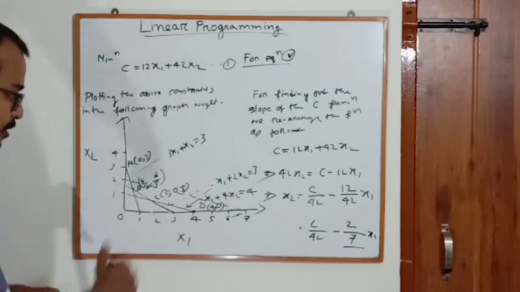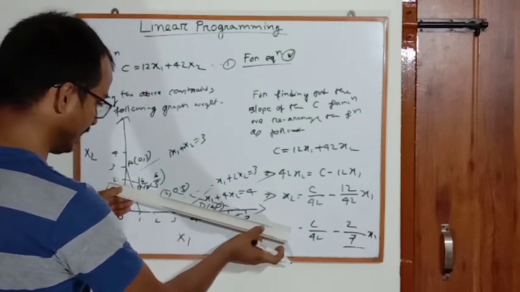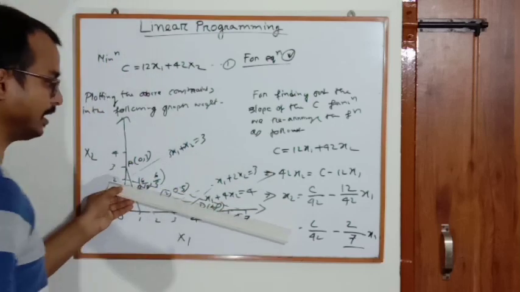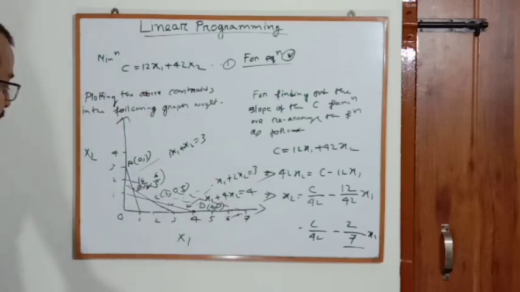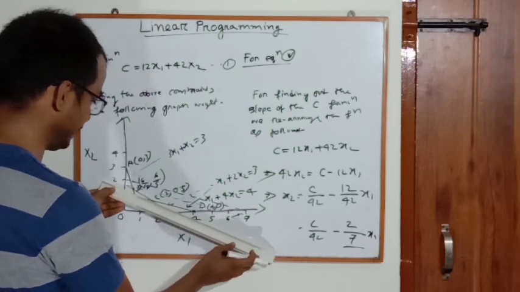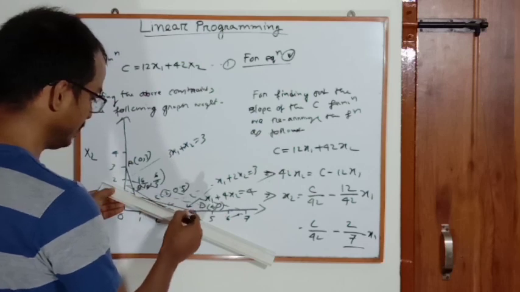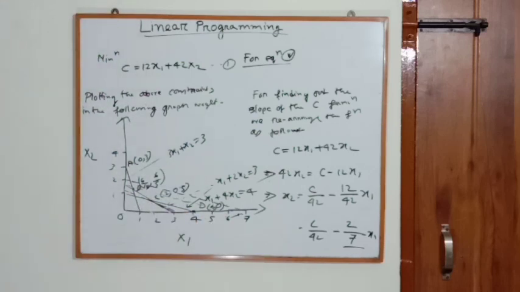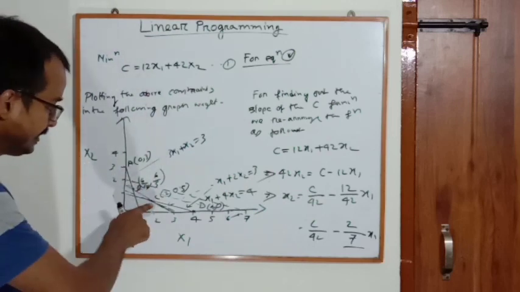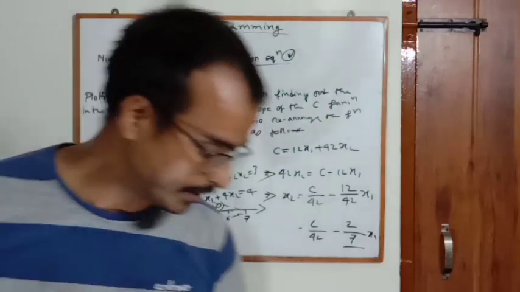Now you try to minimize, so you will be going down here. I can put several constraints and several objective functions, but it will look dirty, so I am directly going to this one. This is the point C where your objective function is just touching, tangent to point C.